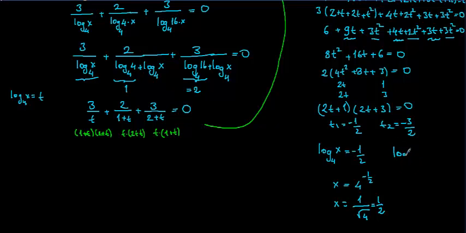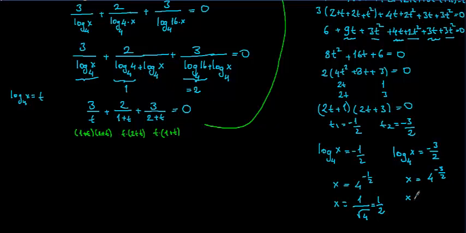Or here, logarithm base 4 of x is equal to minus 3 over 2. That's equal to x, x is equal to 4 to the power of minus 3 over 2.